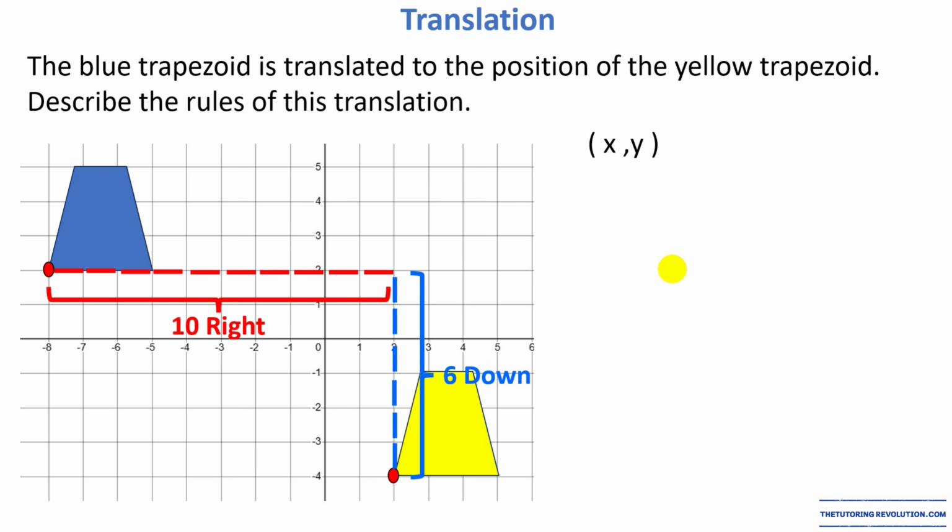So the rule would be that we start with a coordinate x, y. We're going to add 10 to the x, and we're going to subtract 6 from the y. The plus 10 indicates 10 positions to the right, and the minus 6 is because it goes 6 positions down.